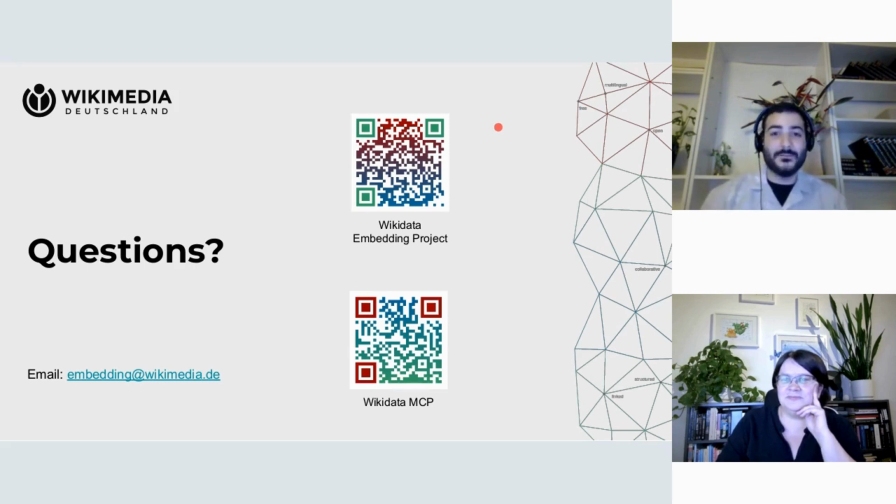What would be helpful is if you share what you worked on, so that we can see what people are working on and improve as we go, and see what's interesting for people. So you can reach out to us at this email, and there's also a user survey that you can find on the homepage for the vector database. You can find it in this project page here.